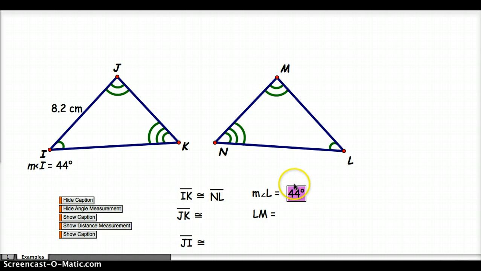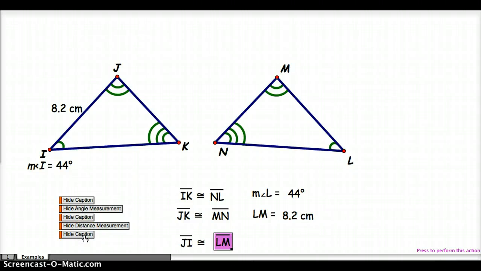Oh, sorry, looking at the wrong one. The measure of angle L is equal to 44 because the measure of angle I is 44 degrees. Okay, we already said JK is MN. LM must be JI, they're swapped, or 8.2 centimeters, and JI is congruent to LM.